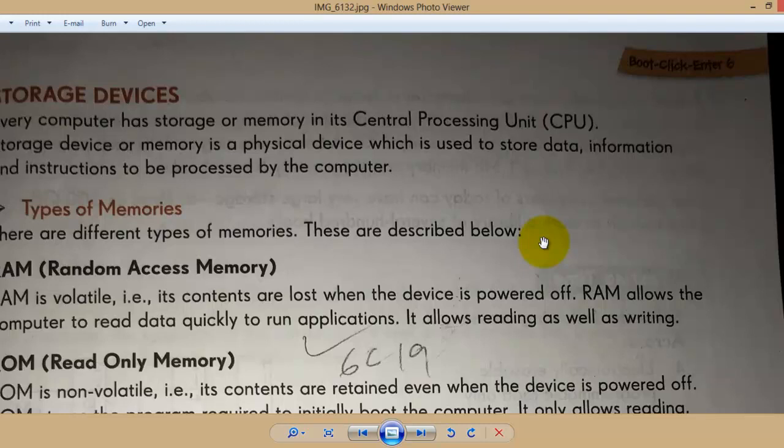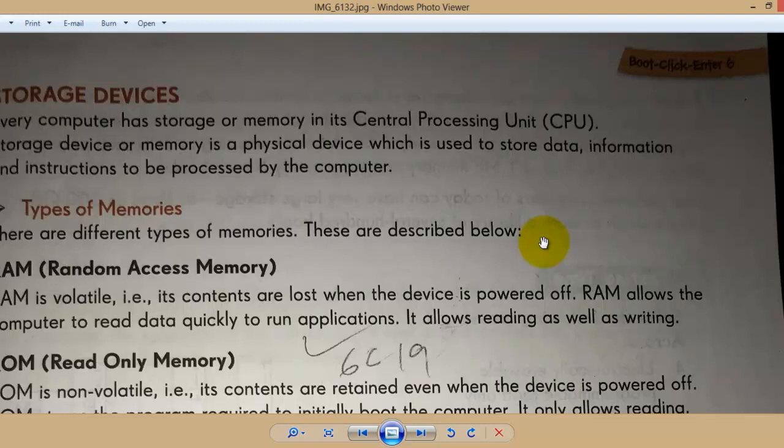Storage device or memory is a physical device which is used to store data, information and instructions to be processed by the computer. So we use this to store data and information about the PC or any device, so that when you turn on the PC or any electronic device, it will fetch the data from this memory device.